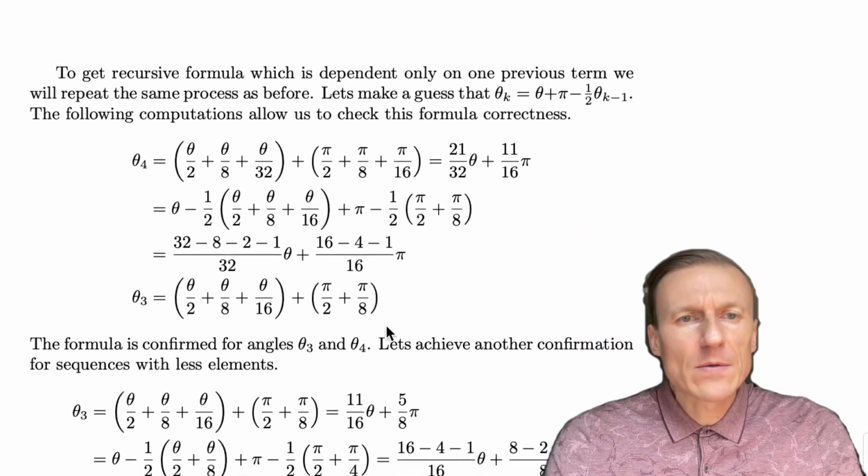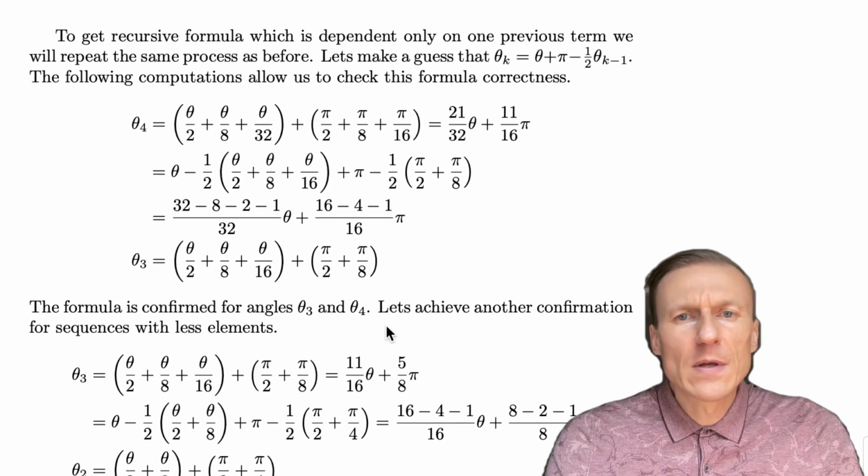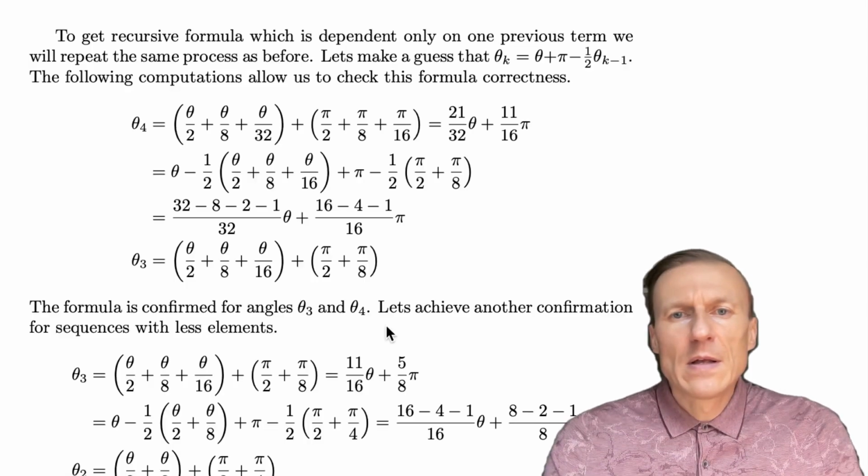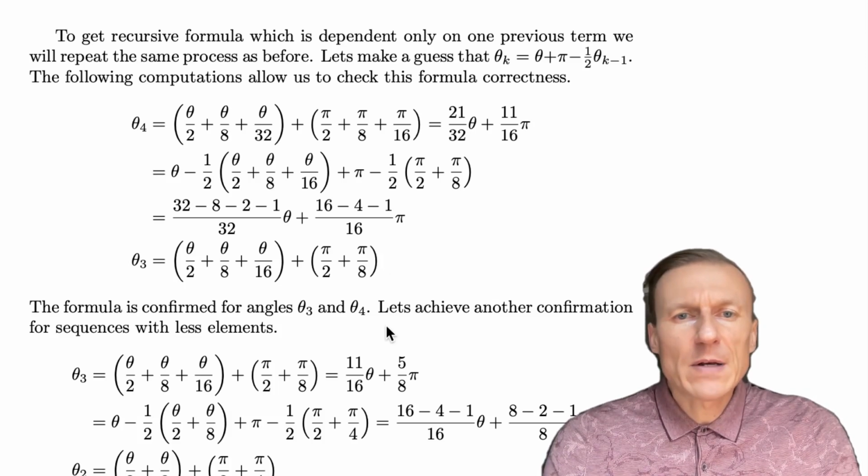Now I want to improve this recursive formula to make it dependent only on one previous term. And to do that, I will repeat the same process that I did for the internal angle, but some arithmetic may be different.